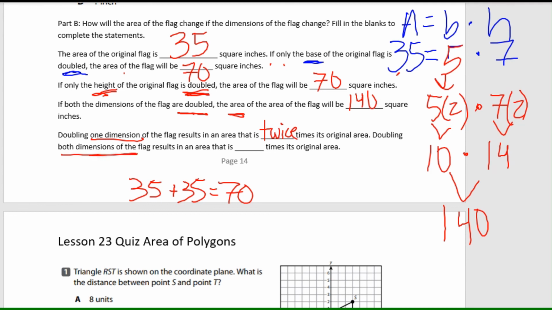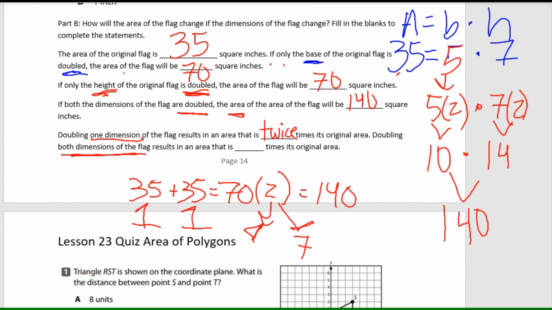Now what about when we double both dimensions? We multiplied 70 times 2, and we ended up with 140. So what does that mean? We're trying to see how many times 35 goes into 140. That is division, and the answer is 4 times.